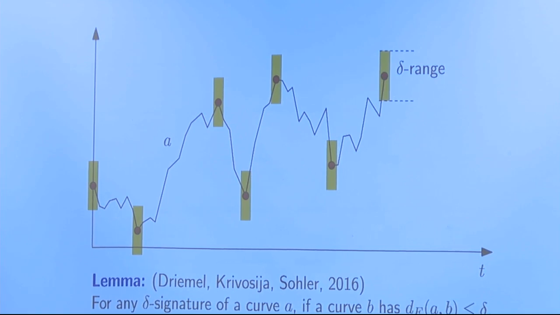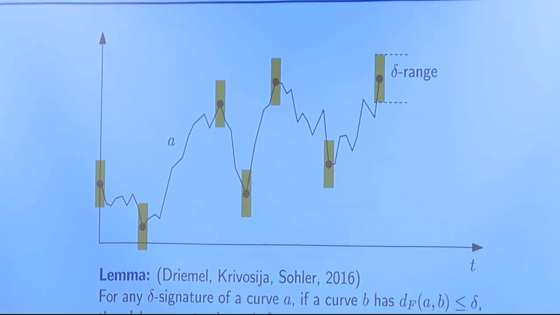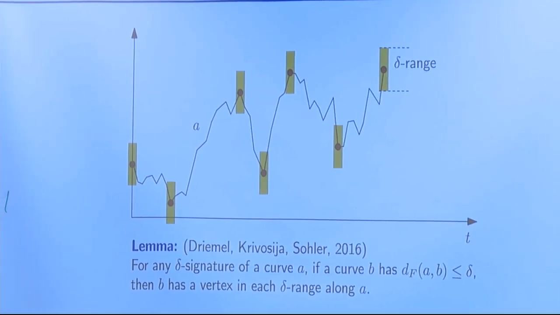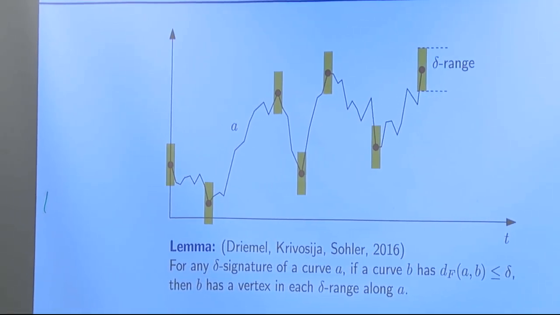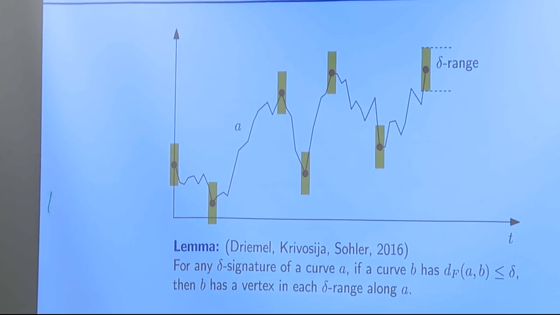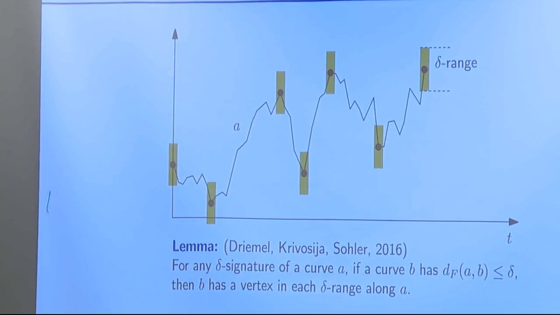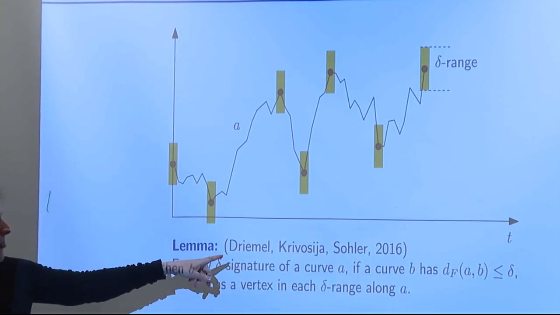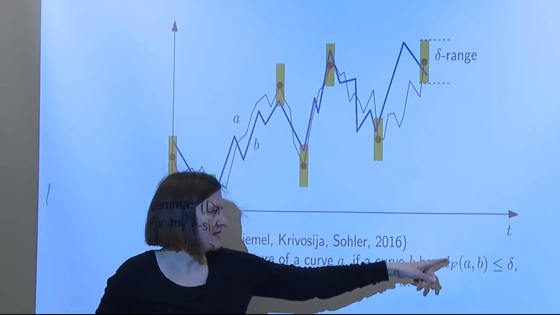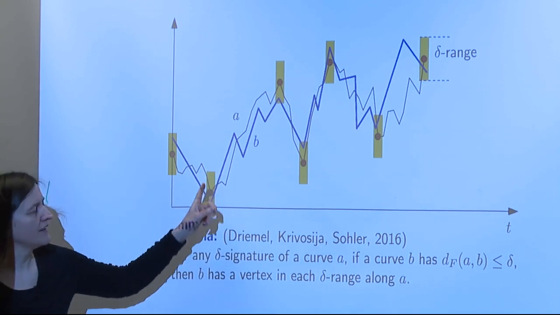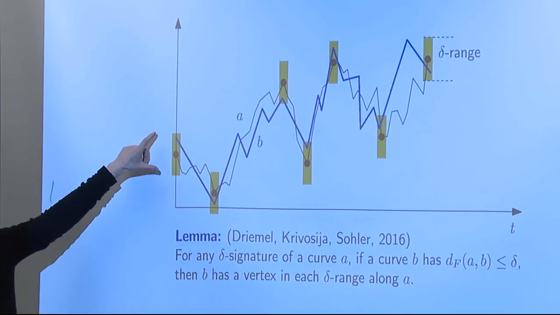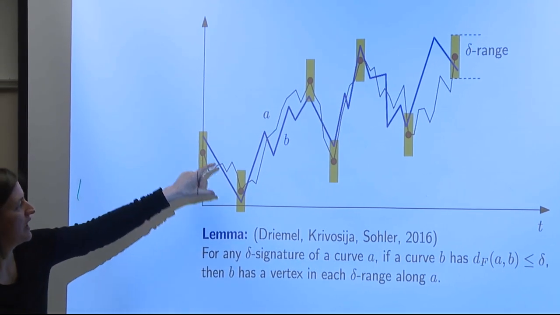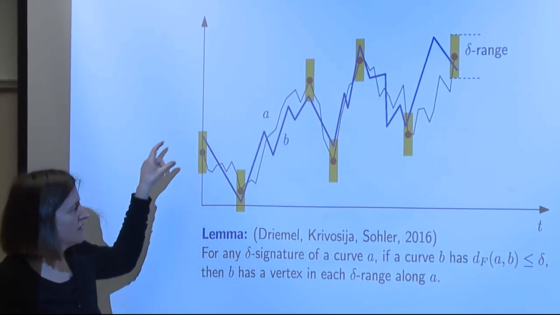So the signatures have very nice properties. In particular, if I have another curve B that has Fréchet distance at most delta to my curve, then it must traverse these delta balls around the signature vertices in the right order.